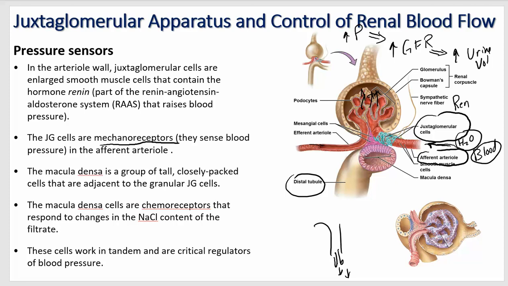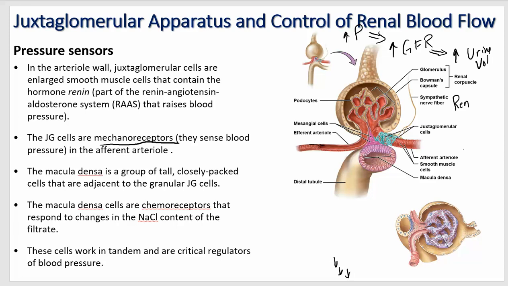When we squeeze down on that afferent arteriole, we're decreasing blood flow and decreasing our glomerular capillary pressure, which is going to decrease filtration rate, which is going to decrease urine output, which is going to cause better reabsorption, hopefully, if things are working properly. And things should function okay.